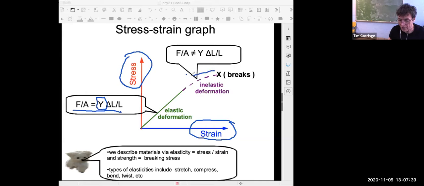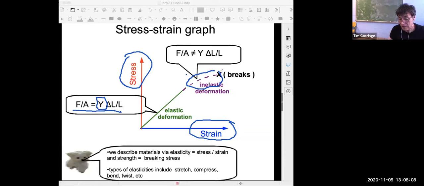So if you look in this region here, the formula doesn't work. The stress-strain elasticity relationship works when you're not compressing or stretching the steel rod too much, or the nylon wire too much. If you stress or strain them too much, then the formula breaks down. You don't get a straight line anymore.